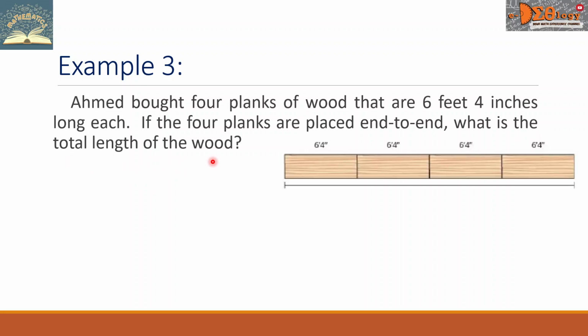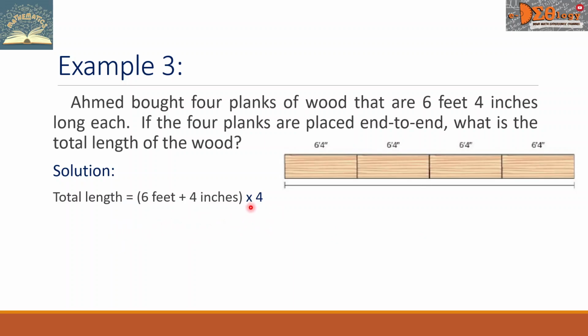To illustrate, we can show it like this. The 6 feet 4 inches, we can say that this is the same with 6 feet plus 4 inches. This is the length of each of the wood. Now, there are 4 woods. So we're going to multiply this by 4 to get the total length.